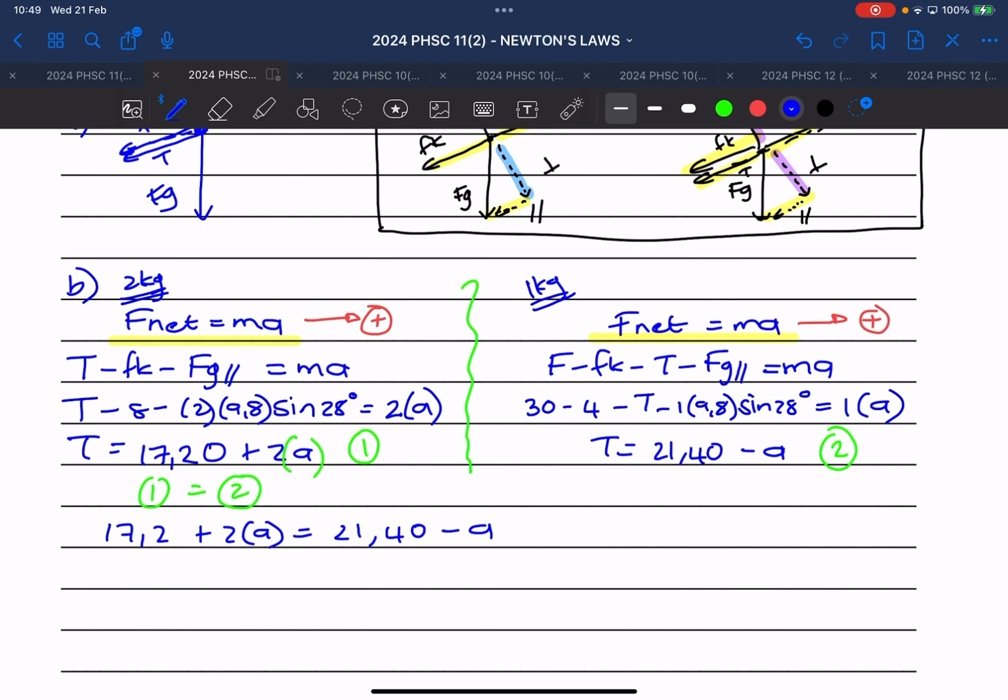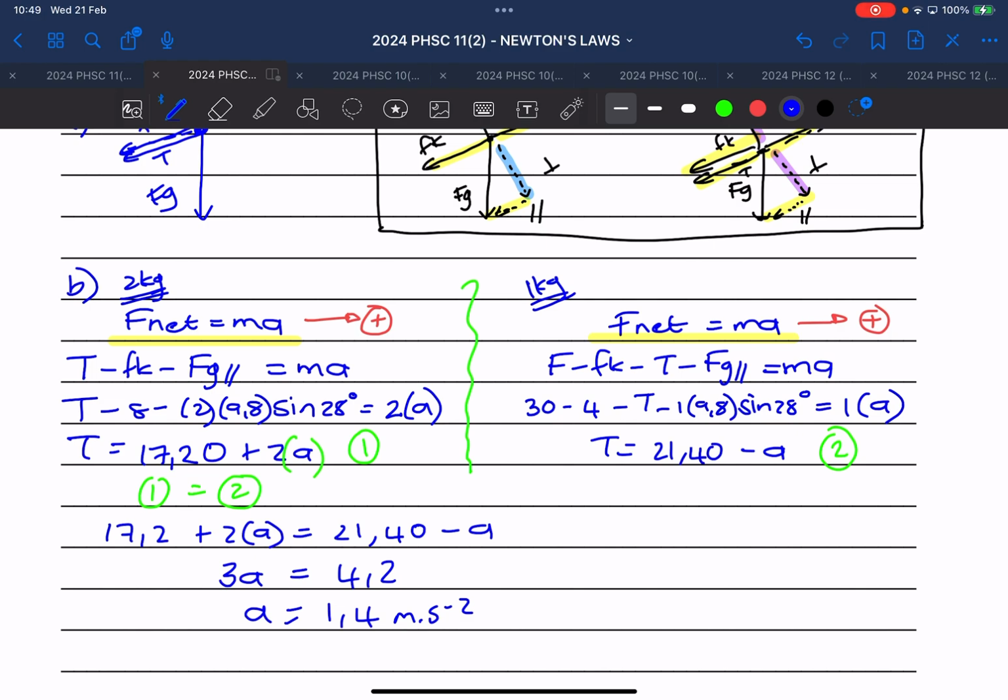Then I'm going to get all the a's on one side, so I'm going to take this to that side, and it becomes 3a. And I'm going to take this 17.2 to that side, and you get 4.2. And you get the acceleration to be 1.4 meters per second squared.